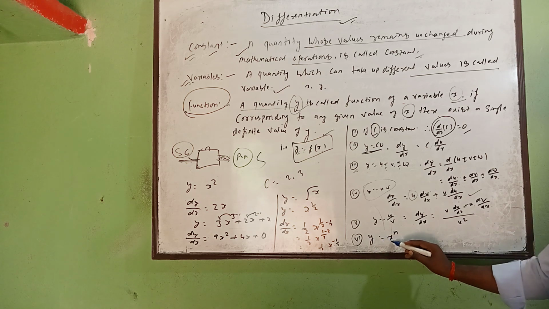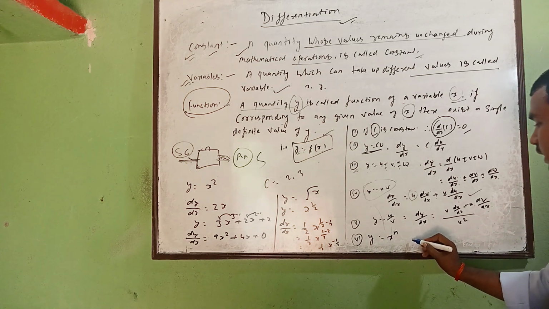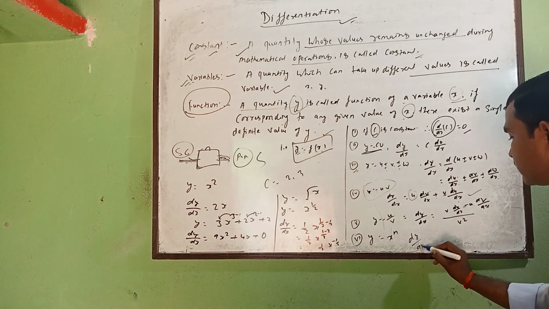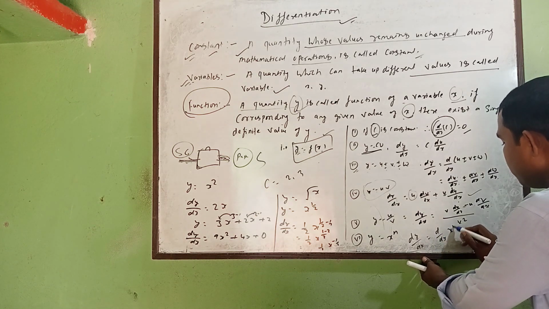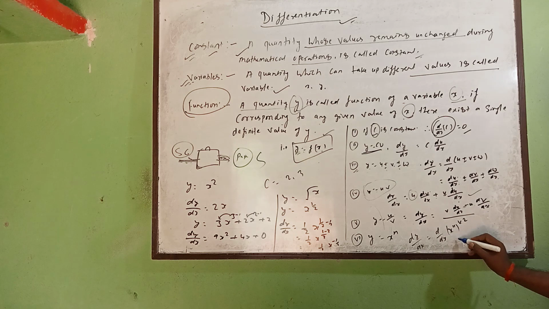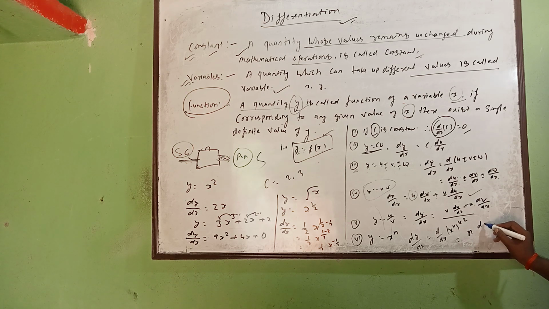Another, we have y is equal to x to the power n. Then dy by dx equal to d by dx of x to the power n. Now multiply, so you will write n x to the power n minus 1.